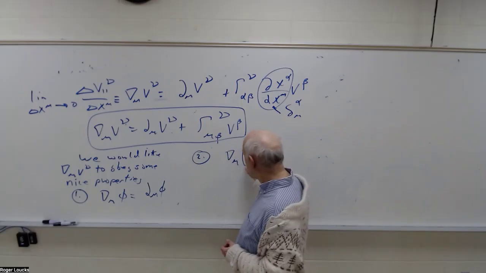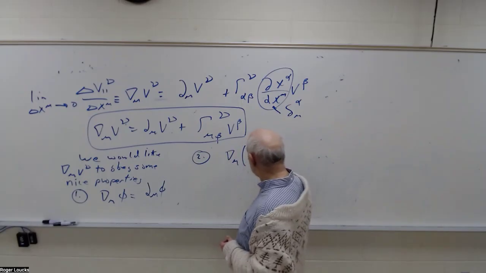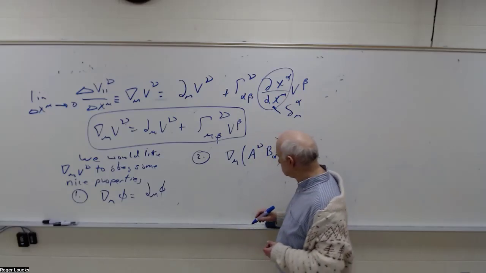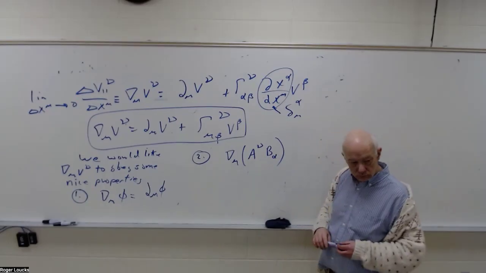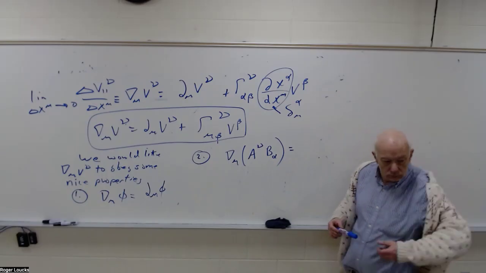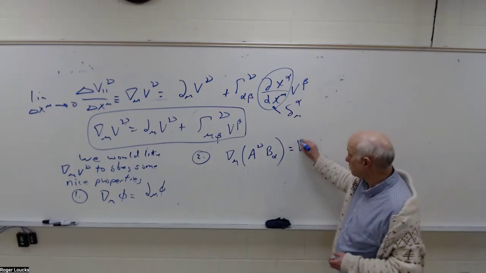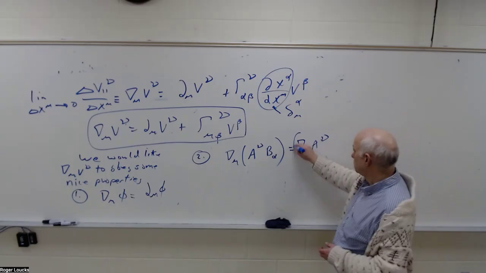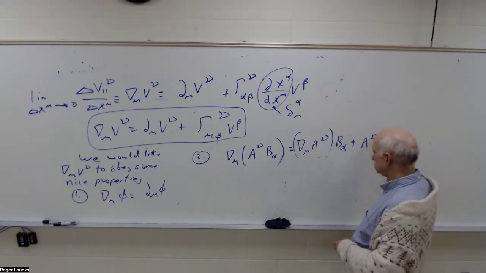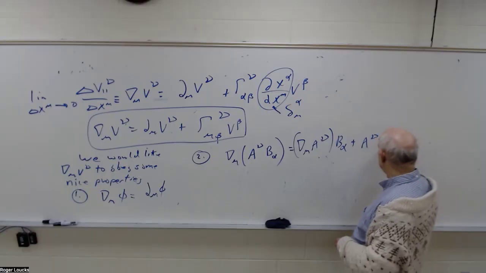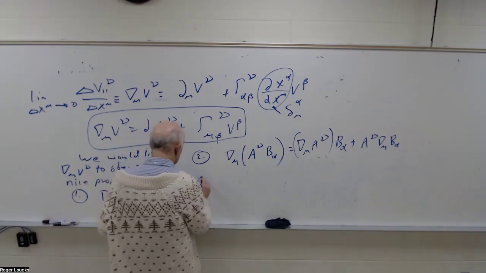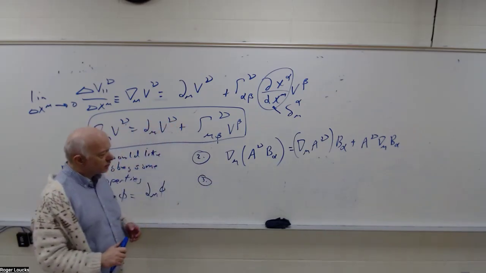So if we have this, what would we like? Product rule. We want the product rule. We want it to be this. So we want that. Then there's another property too we wanted.